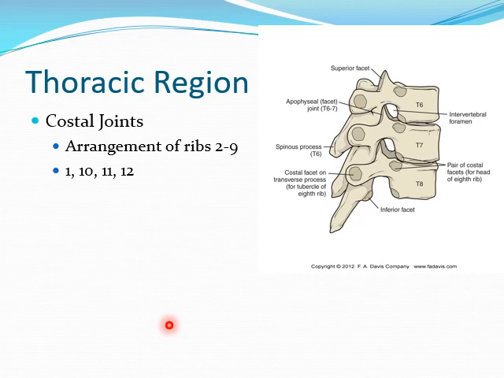So unlike rib 8, which connects to both T8 and T7, these ribs are referred to as atypical because they only connect to the corresponding body that the rib is at. In other words, rib 1 only connects with the vertebral body of T1, rib 10 only with the body of T10, etc.